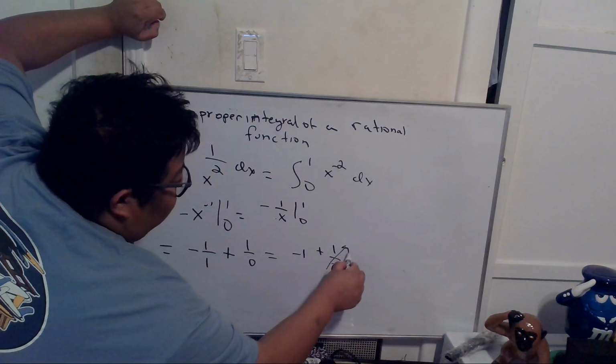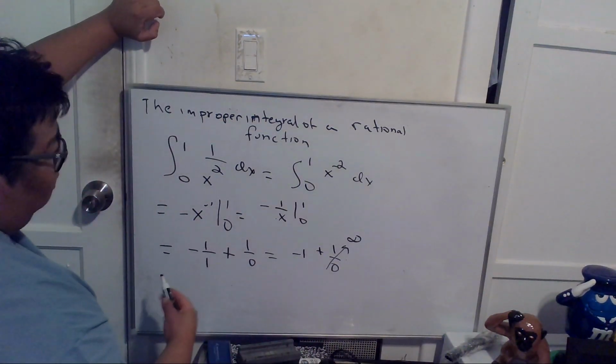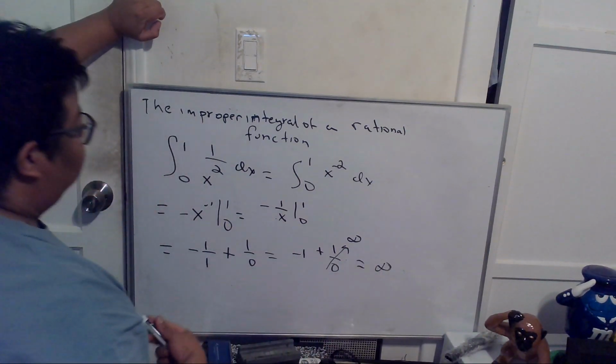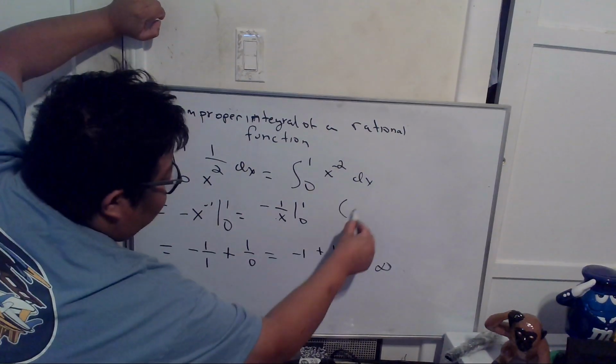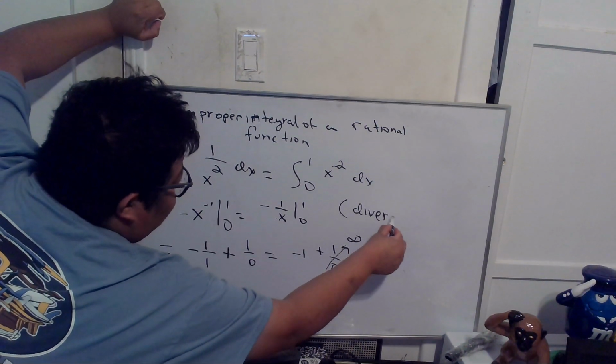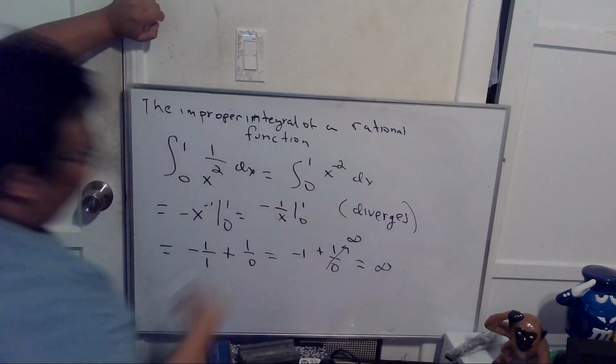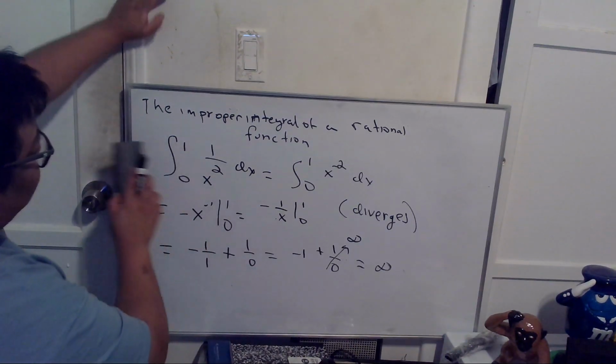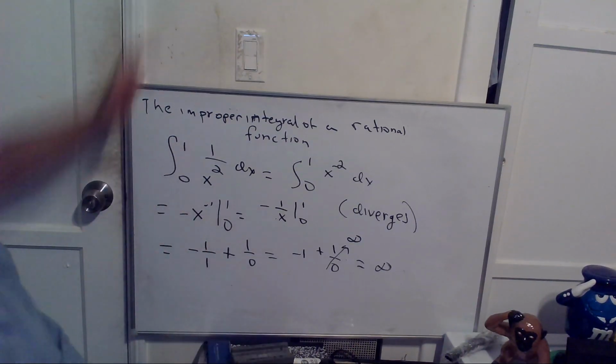So this thing becomes infinity, which means that the whole thing will become infinity. And of course this tells me that the integral diverges. So this is the third case.